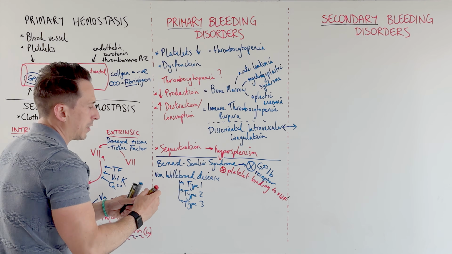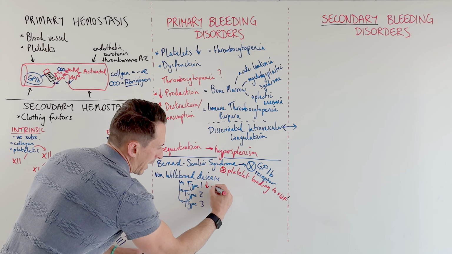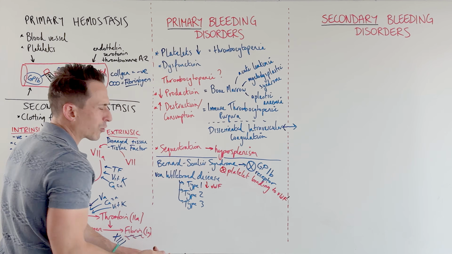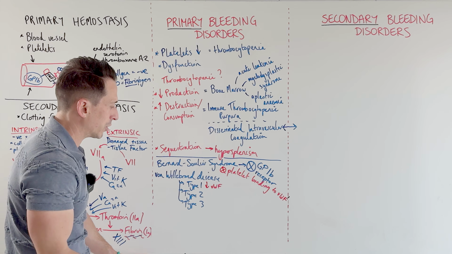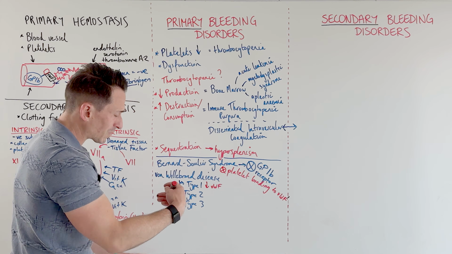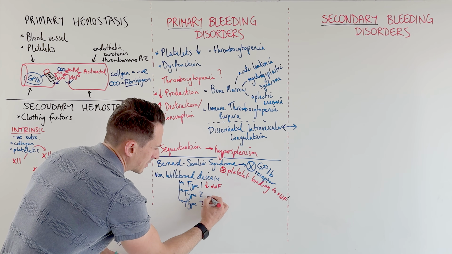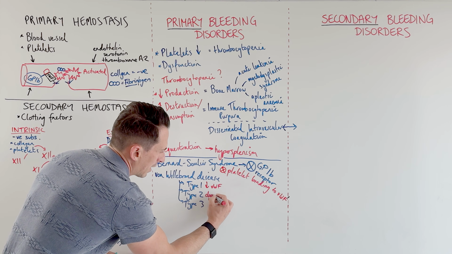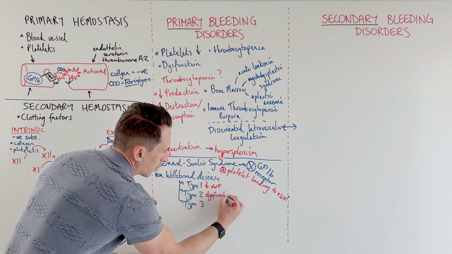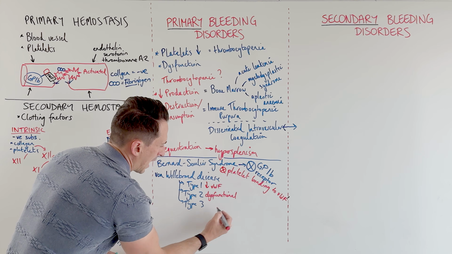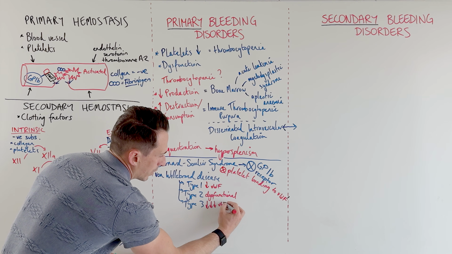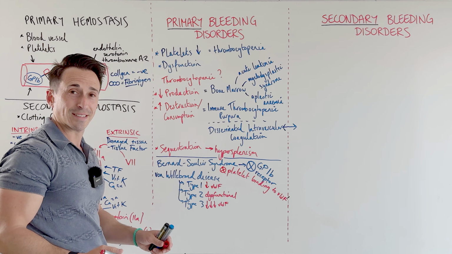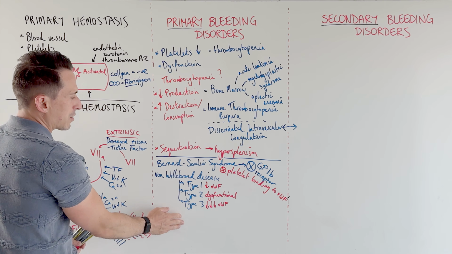So type 1 is you've got low amounts of von Willebrand factor. Not crazy low, but low enough that you bleed more than you probably should. Type 2 has got normal amounts, but it's dysfunctional. You actually have a dysfunctional von Willebrand factor. And then type 3 is you have crazy low von Willebrand factor. All right? So they're the three types.